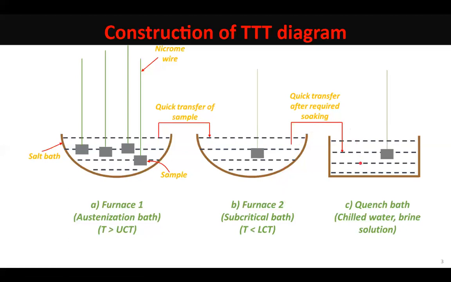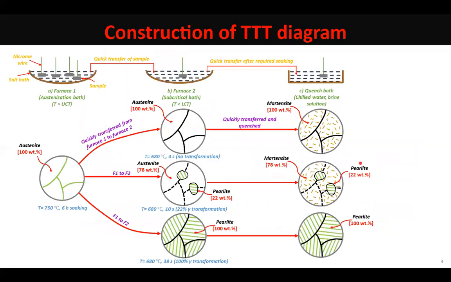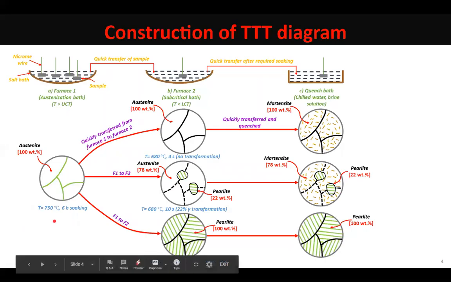So students, if you do that, just for an example, what I'm showing you is that for this first sample, after the steel had been held at a temperature above the UCT, for example, we kept the temperature of this furnace at 750 degrees centigrade.